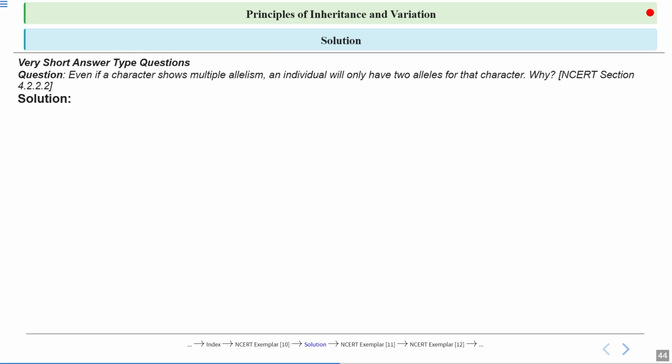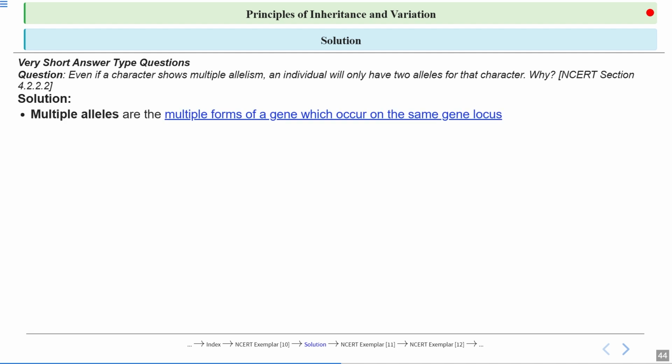Although in some cases a single gene can have three alleles, like in the ABO blood group system, a single gene can have multiple alleles, still the diploid organism will have only two alleles. So why is this so? Multiple alleles are the multiple forms of a gene which occur at the same gene locus. Locus is the position of that gene, the location of the gene on the chromosome.